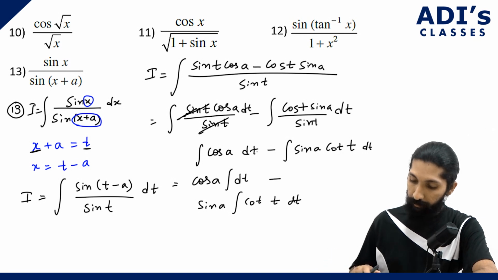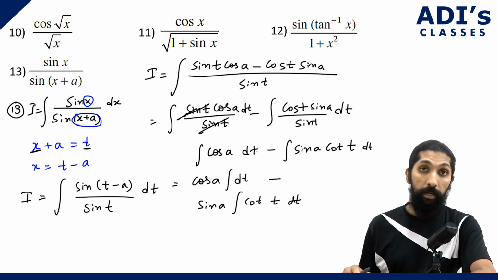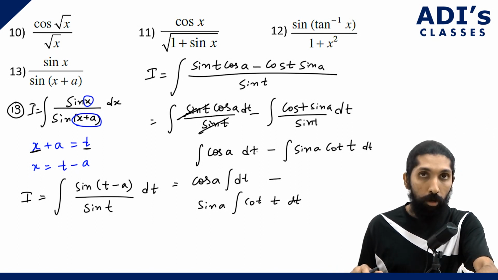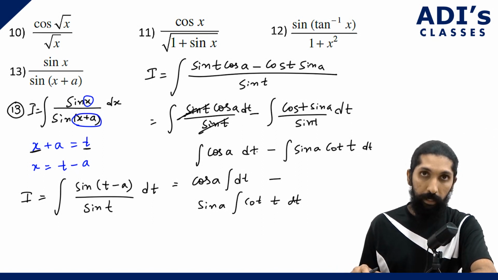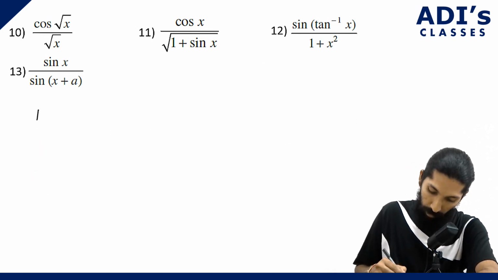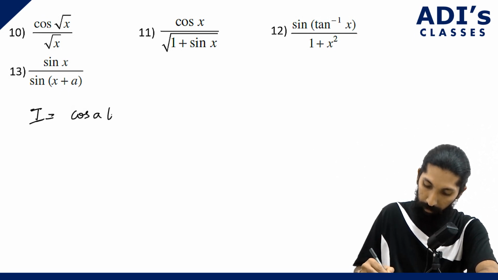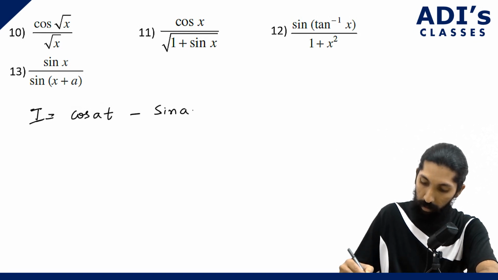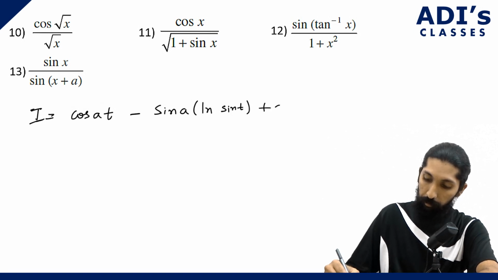Now the integral of dt is t and the integral of cot t is log of sin t. Correct? So let's do the final part of this problem. This is equal to cos a into t minus sin a into log of sin t plus c.